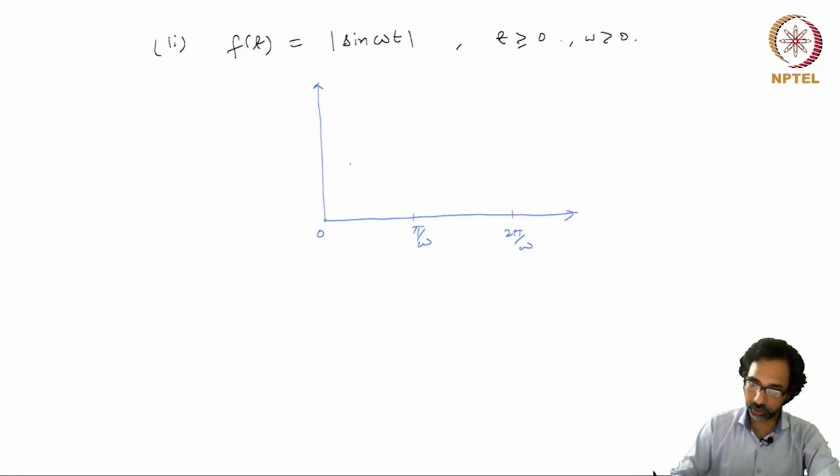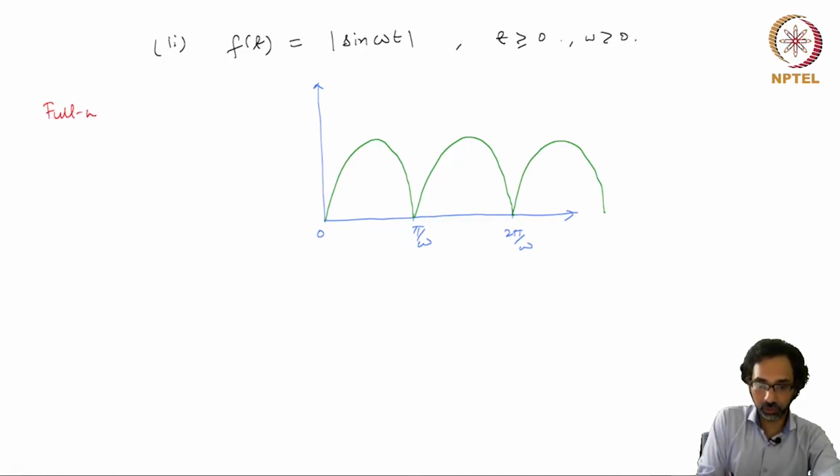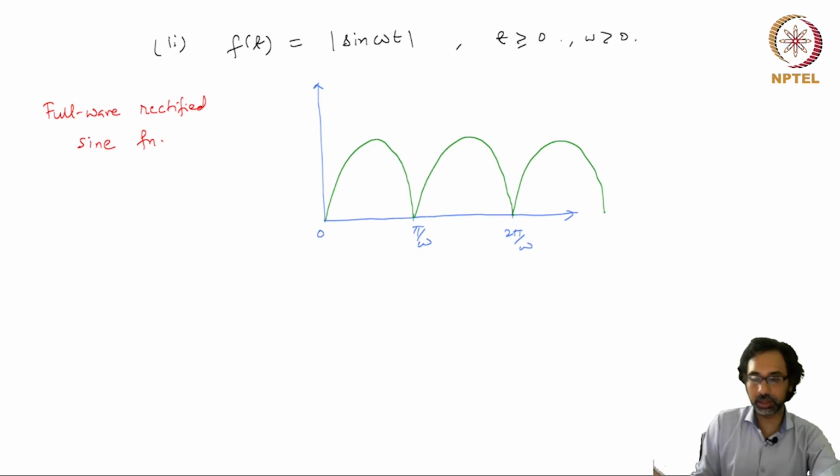The sine function from 0 to pi by omega is positive, but from pi by omega to 2 pi by omega you take the modulus, so it's again positive, and it repeats like this in the entire interval 0 to infinity. This function has a special name. This is called the full wave rectified sine function, and this is also important in engineering problems.